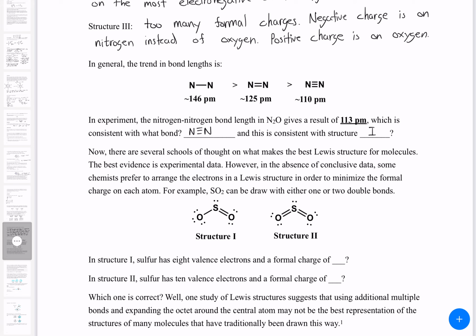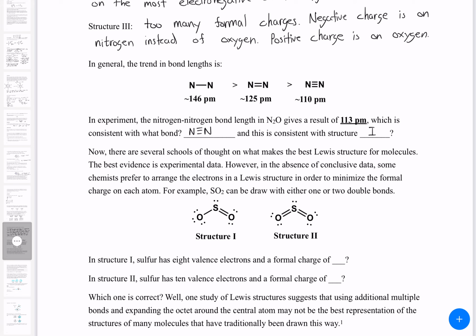There's a lot of different ways to draw resonance structures, and depending on who you ask, there's certain rules that we should try to follow based on experiment, chemical reactivity, and things like that. But if we don't have conclusive data, there's nothing wrong with drawing a structure that obeys the octet rule.